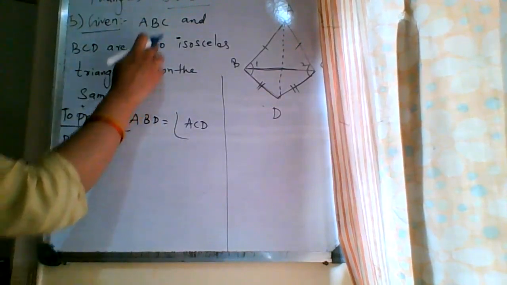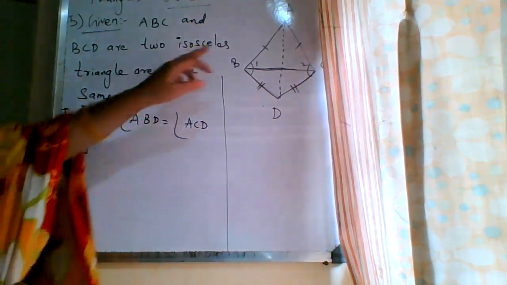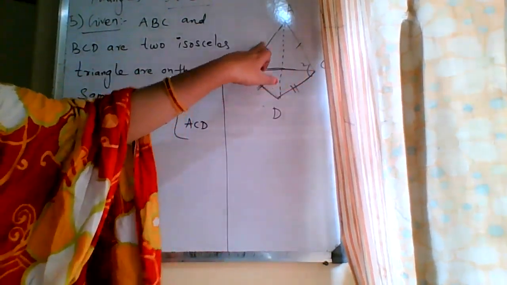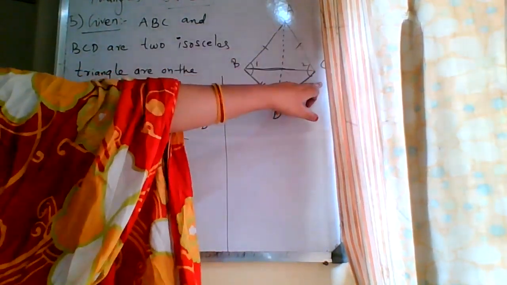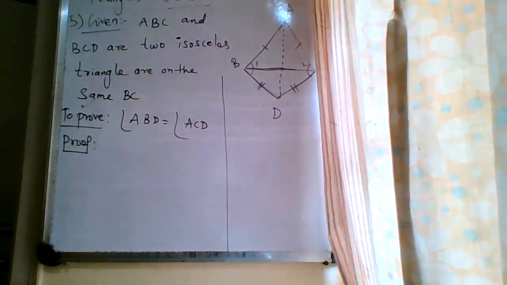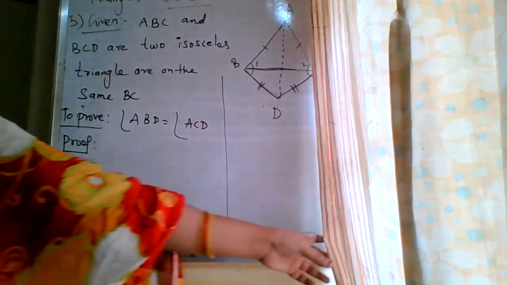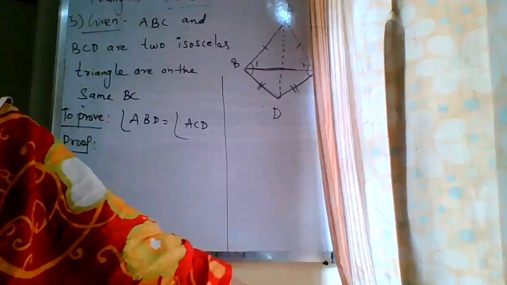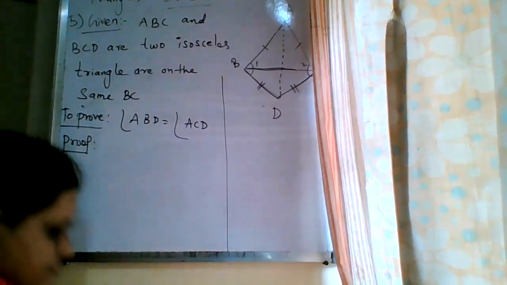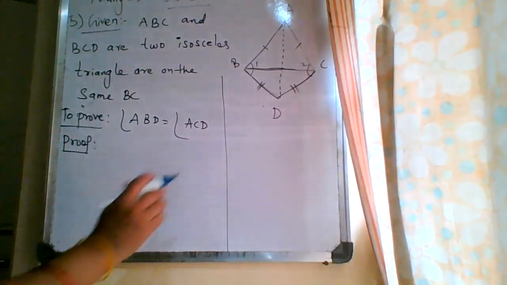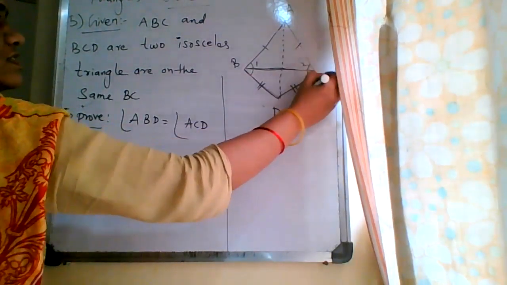First of all, these two triangles are isosceles triangles. So by the isosceles property, we can say that opposite sides are equal. So can I say AB is equal to AC? Here AB is equal to AC and BD is equal to CD.